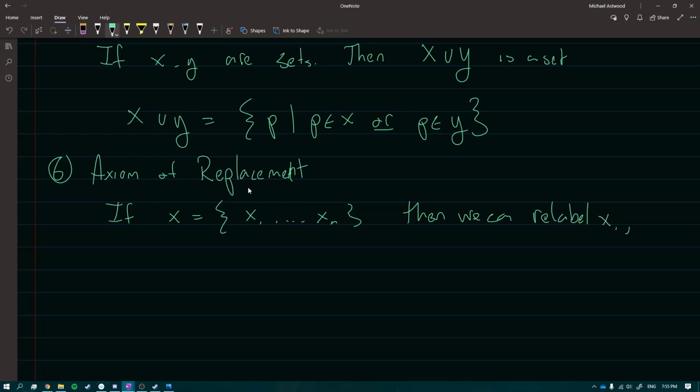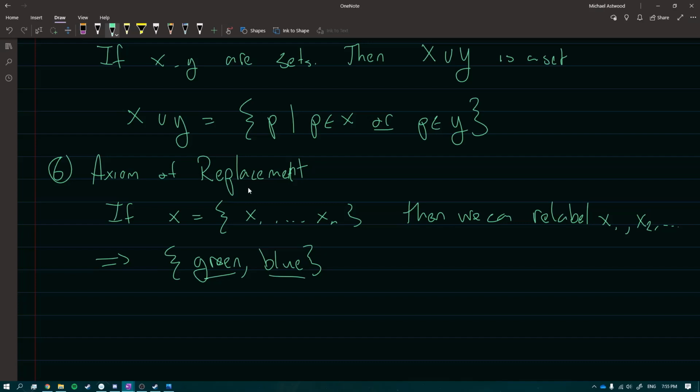So we can construct sets like green, blue, and so on. It doesn't matter what we name the elements. This is what this is saying.